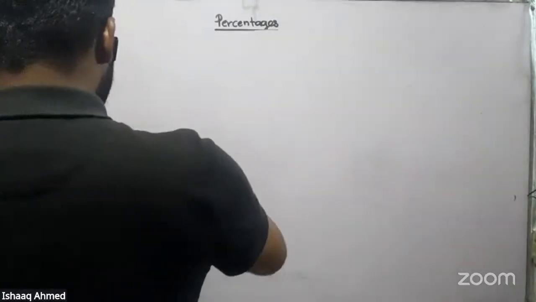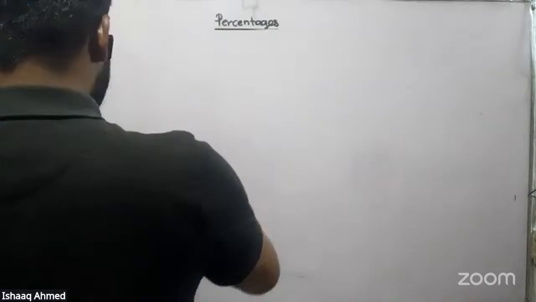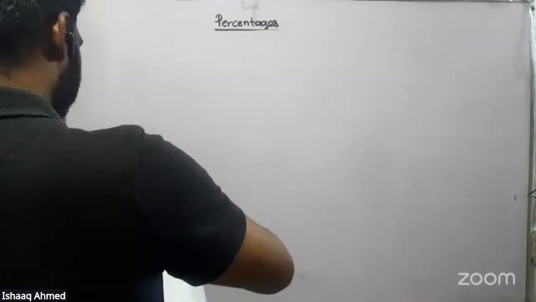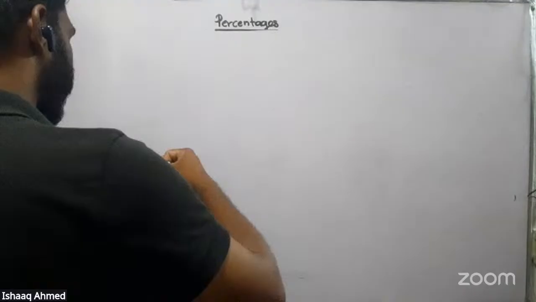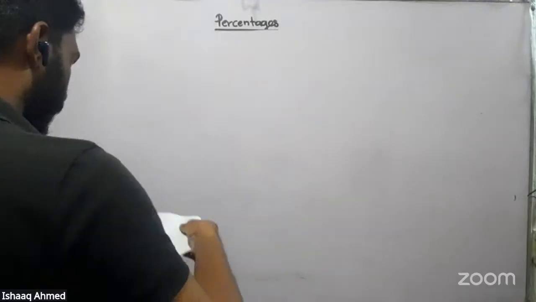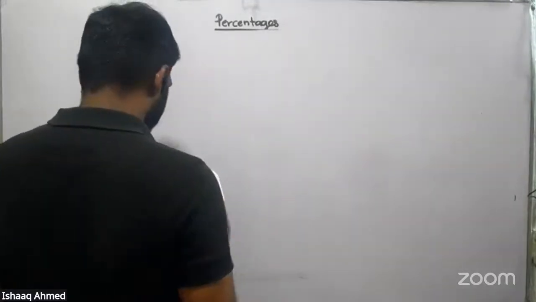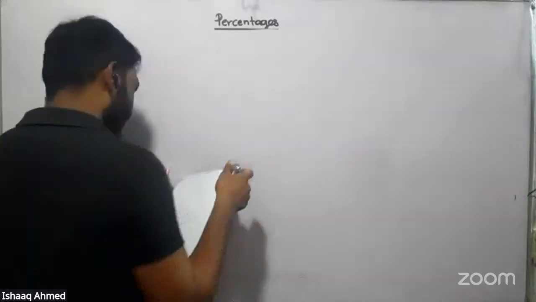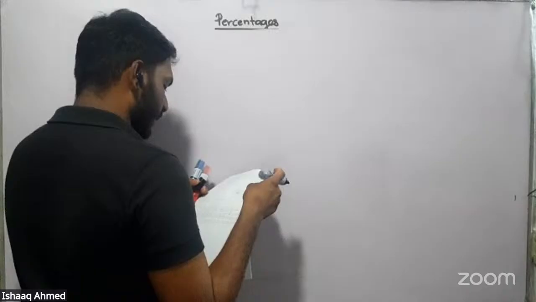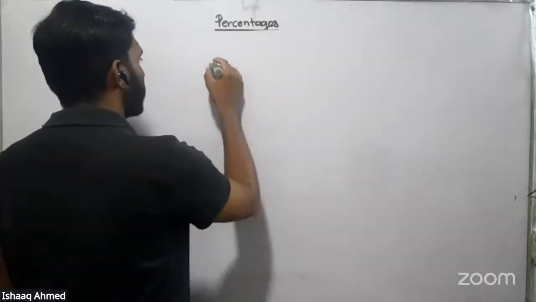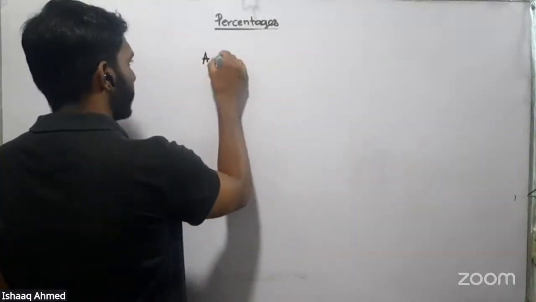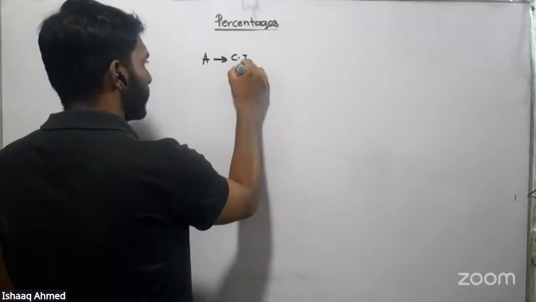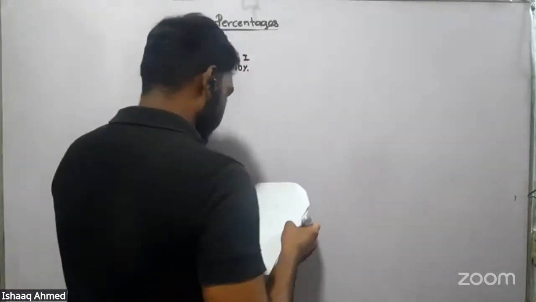Right. So page number 13, I said second question. That is the question that is numbered as 1. Bank A pays annual compound interest of 10%.